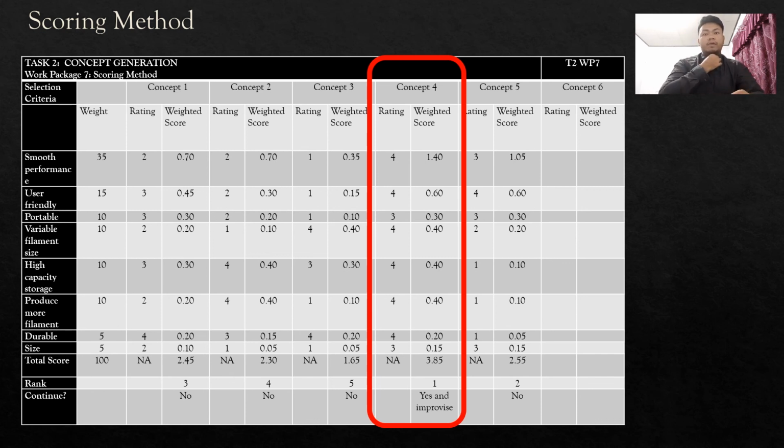For the weighted score, we multiply the rating and the weight, then we divide by 100 to get the weighted score. Then we total up the weighted scores to choose which concept is the best. So in our case, concept 4 is the best, as it shows the highest total score in the rating.